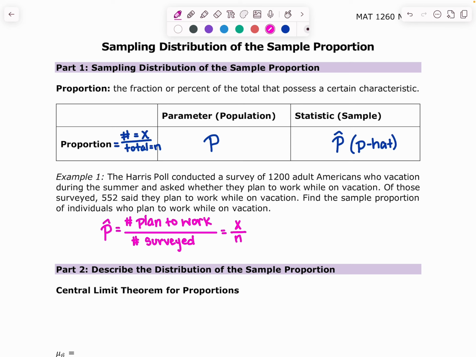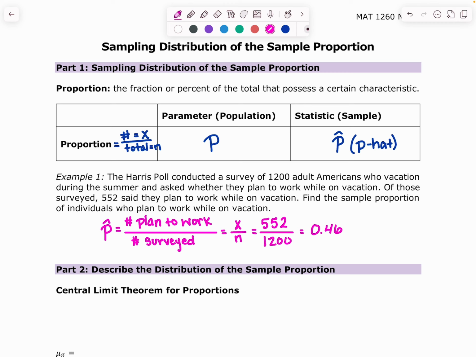So the number that plan to work is our x, and the number surveyed is our n. So 552 plan to work while they're on vacation, and 1,200 people were surveyed. So 552 divided by 1,200 is 0.46.